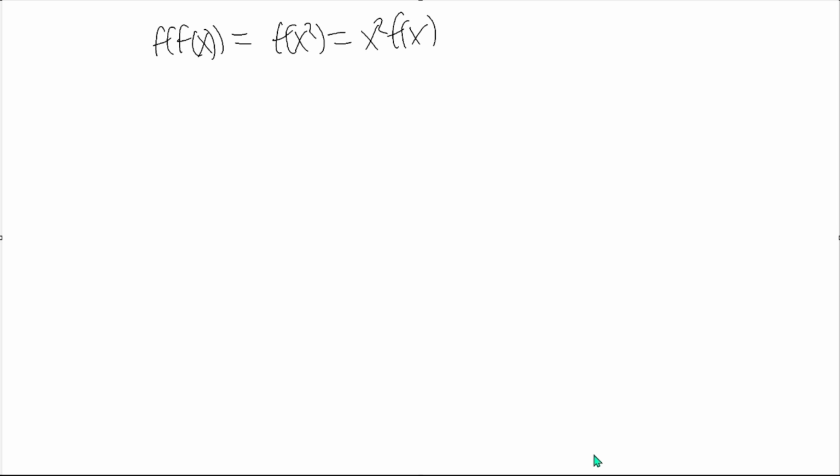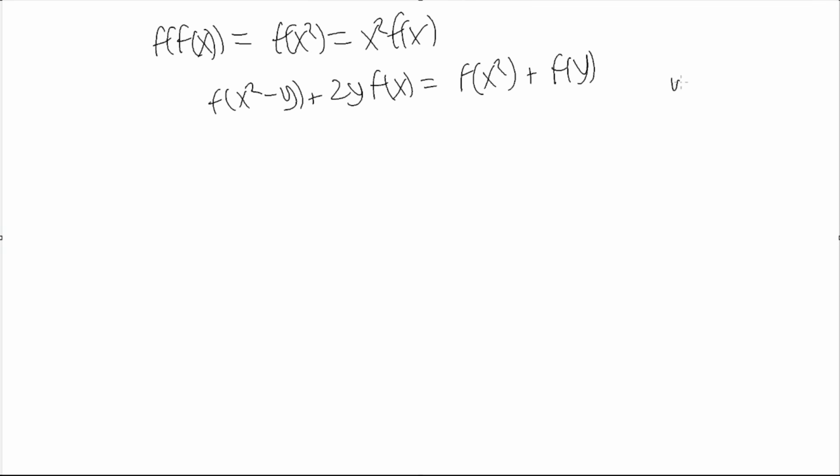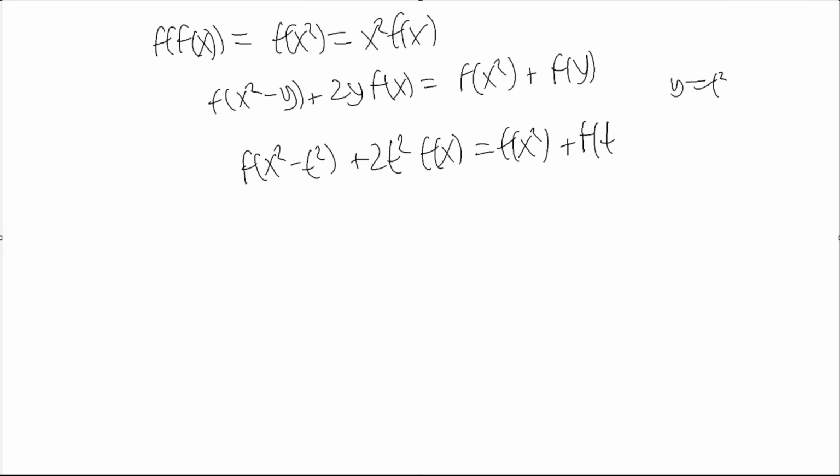So now we have that f of x squared minus y plus 2y f of x is equal to f of x squared plus f of y by this identity. And then we can plug in y equals t squared to get f of x squared minus t squared plus 2t squared f of x is equal to f of x squared plus f of t squared.